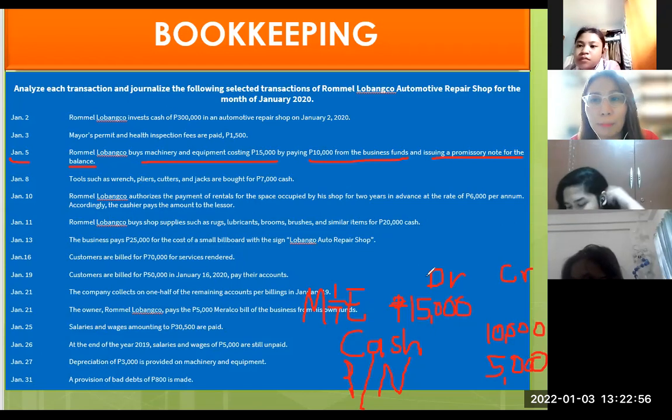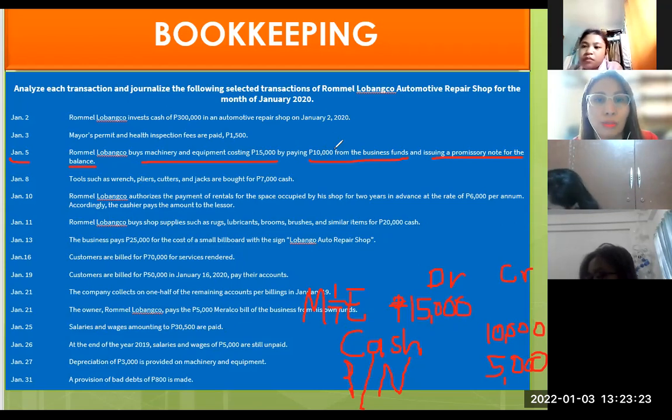And as you can see, balance yung ating amount sa debit side and also sa credit side. Balance yan, 15,000 pesos. Debit, again, machinery and equipment, 15,000 pesos. Credit cash, 10,000 pesos. Nakalagay po yan sa transaction, 10,000 pesos. And then another one, a term ng payment ay through promissory note, credit 5,000 pesos.